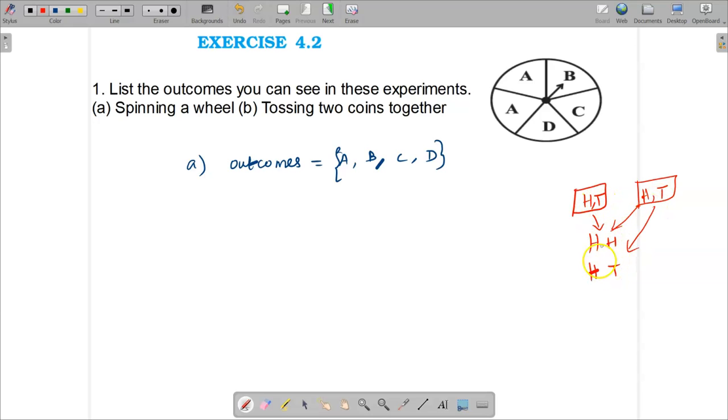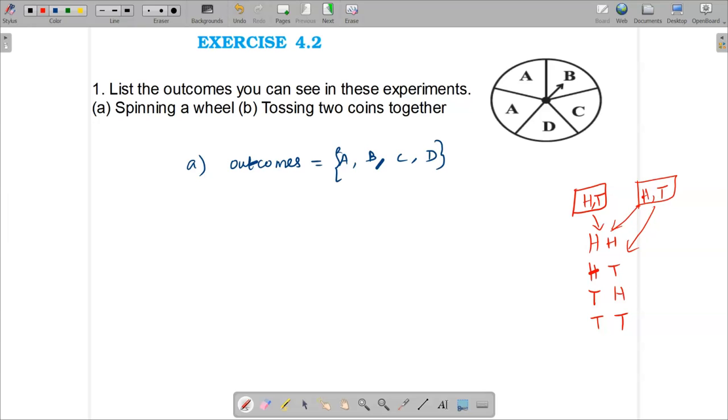Another possibility, one coin tail, another coin head. Similarly, one coin tail, another coin tail. So I have 4 possibilities of outcomes when two coins are tossed together.